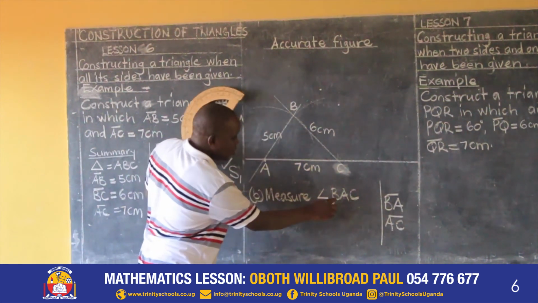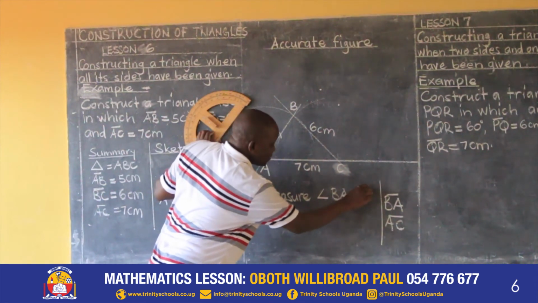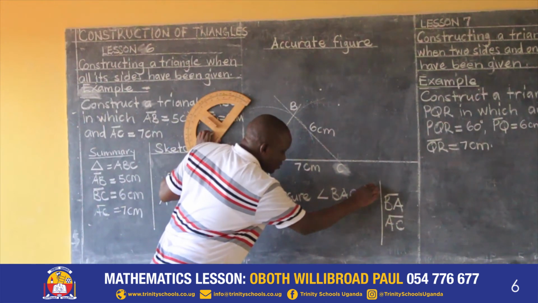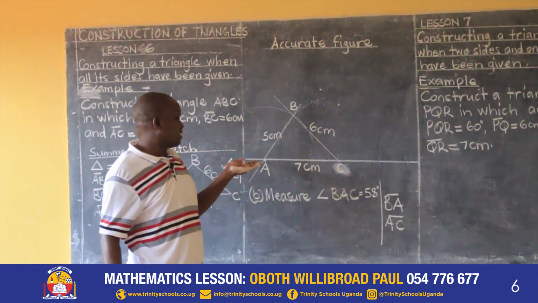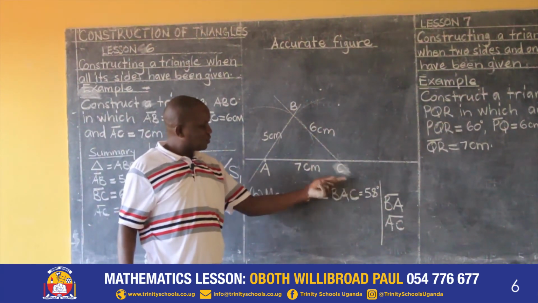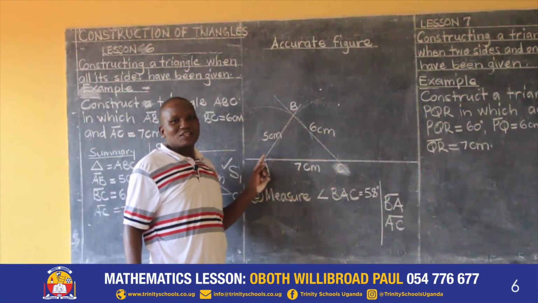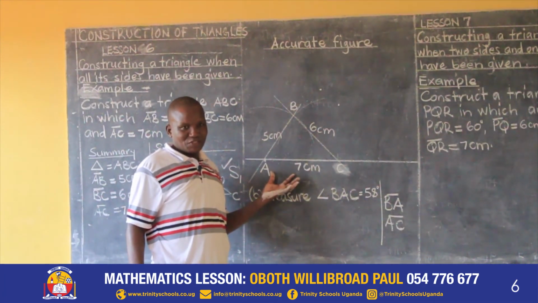So my angle BAC is 58. But according to you, maybe your protractor has given you 60 or 59. Yeah, that is okay. Mine is this because maybe the thickness of the line. That's why I encourage you to use a sharp pencil to do the constructions.